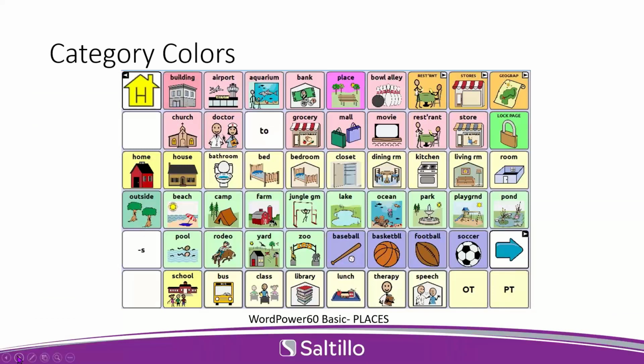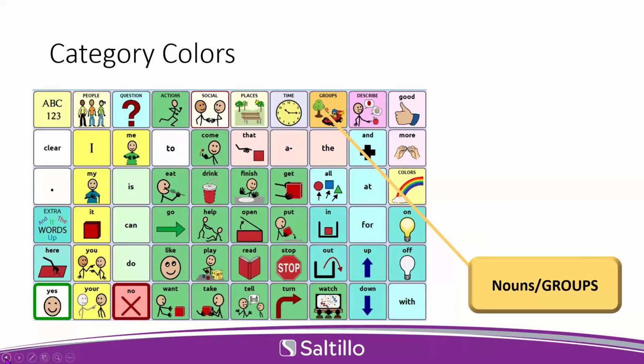In the WordPower 60 Basic, the home page contains a high number of core words. So if we are targeting core words, we are also starting to introduce them to some early sight words, right?